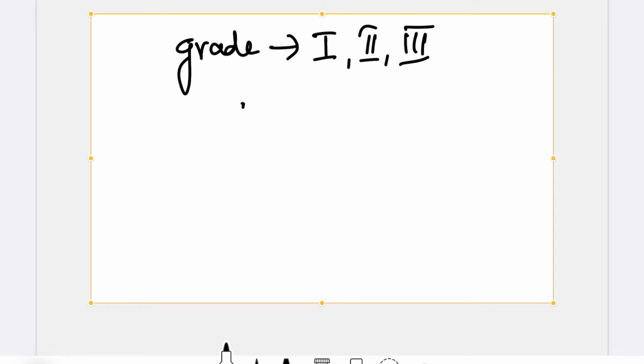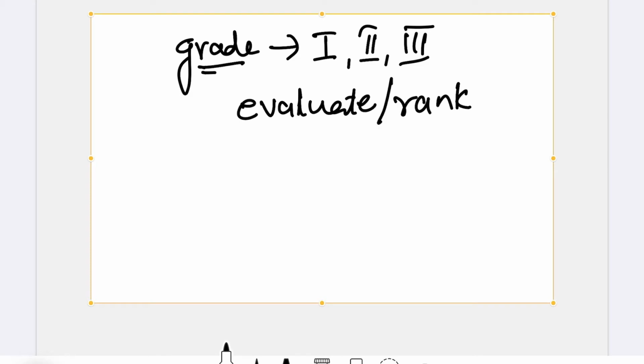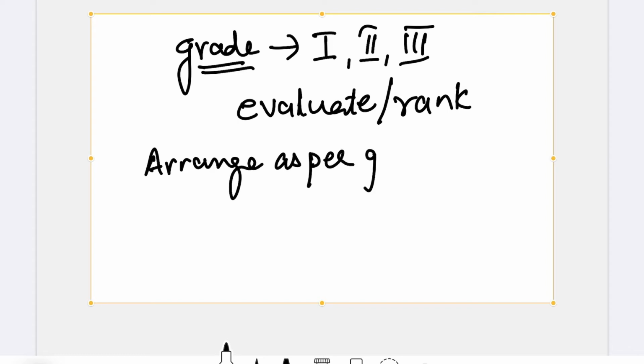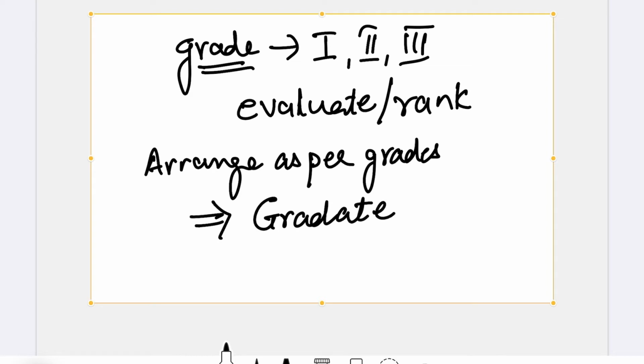So when you evaluate or rank, the word which we use is grade. And when we arrange as per grades, then the word which we use is gradate. To gradate means to arrange as per or according to grades.